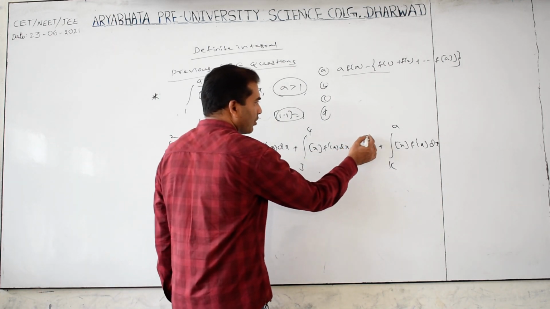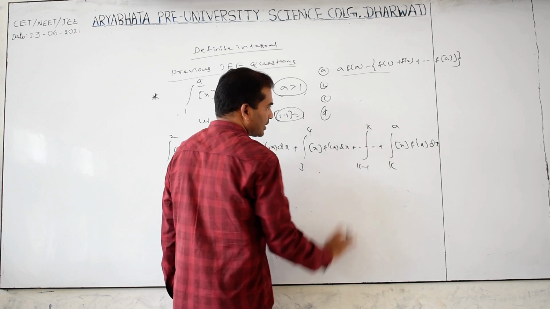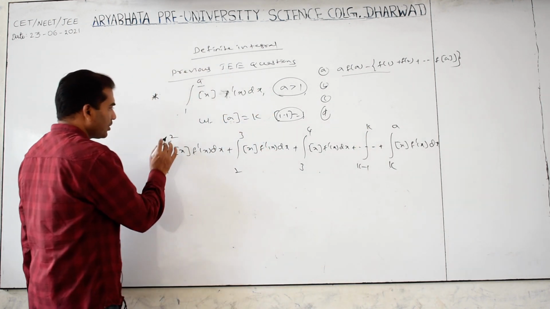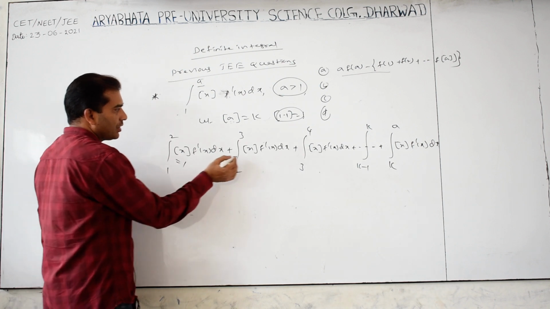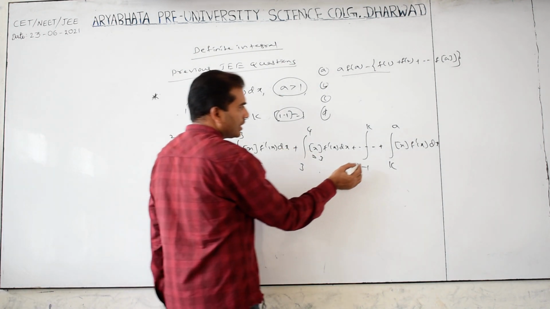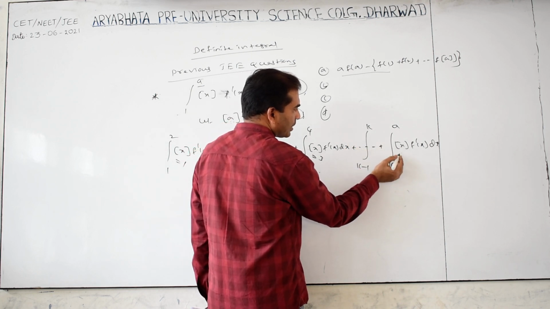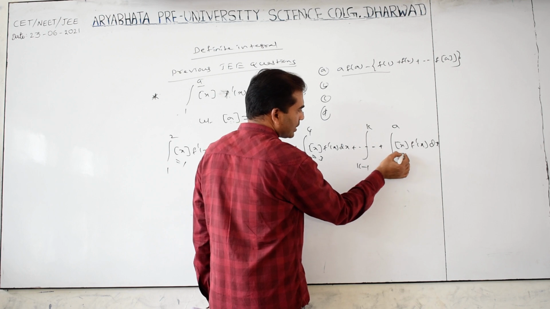Also we get the predecessor, k minus 1 and k. From 1 to 2 the step x value is 1, from 2 to 3 it is 2, from 3 to 4 it is 3, and so on, and from k to a it is k.